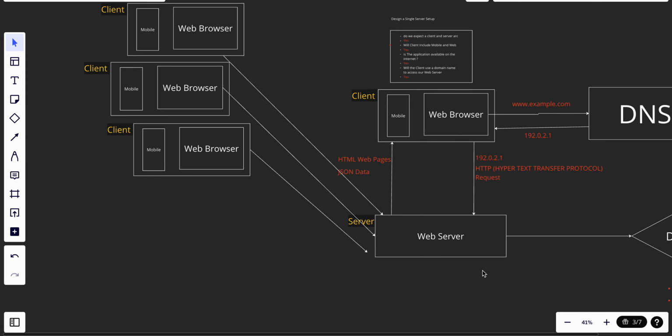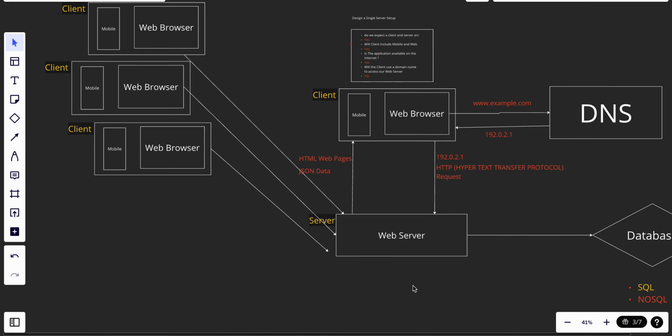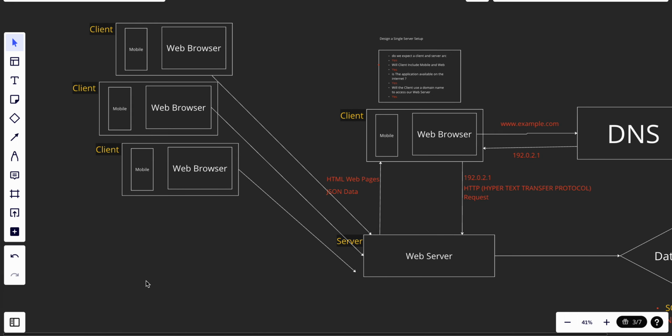And let's say that our server doesn't have the capacity to handle all of this load. So how can we solve this problem? We need to scale.